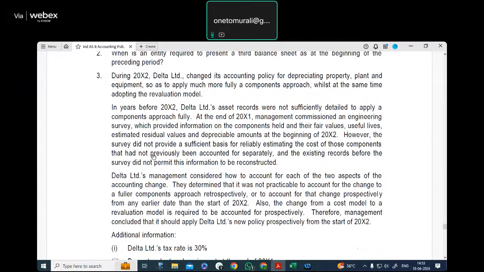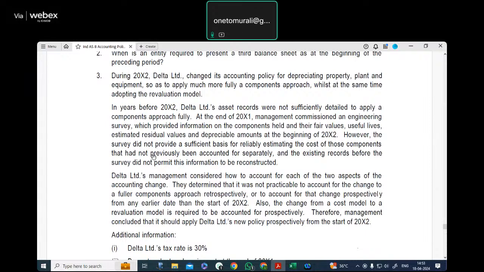During 20X2, Delta Limited changed its accounting policy from depreciating property, plant and equipment so as to apply much more fully a component approach while at the same time adopting the revaluation model. In years before 20X2, Delta Limited's asset records were not sufficiently detailed to apply a components approach fully.